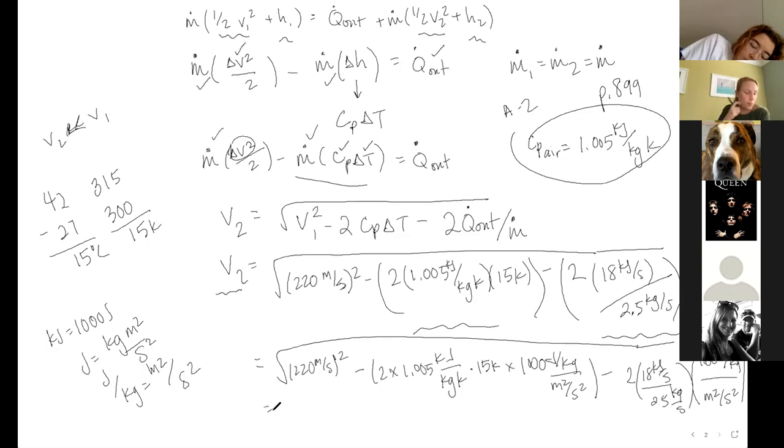All right, and then when you plug this in, you get 62 meters per second.